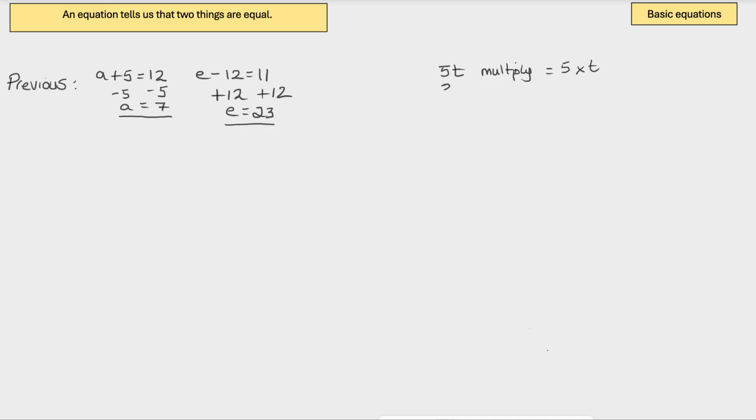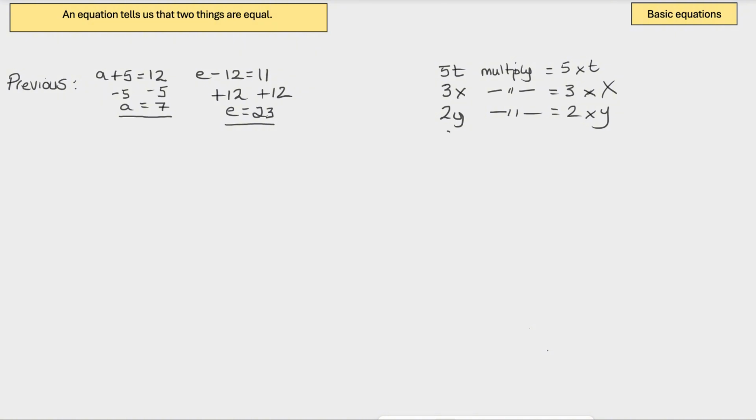Then we've got 3x. Stuck together. Do the same. This means 3 times x. Let's do another one. 2y. Stuck together. So that equals 2 times y.